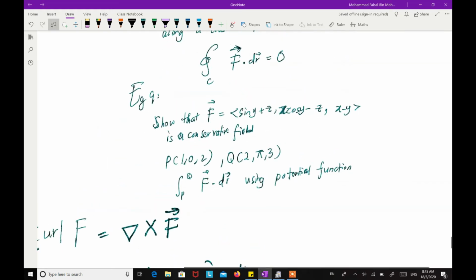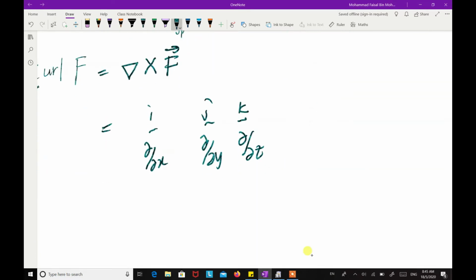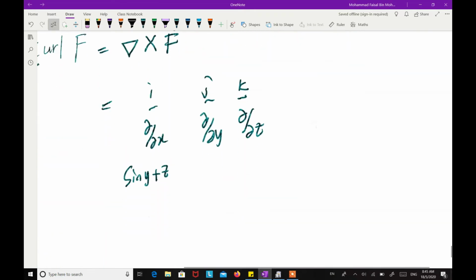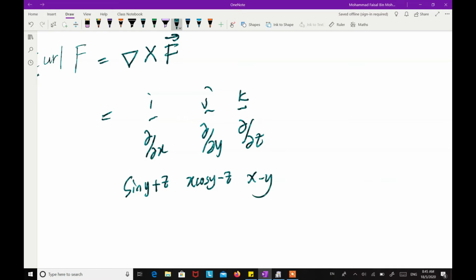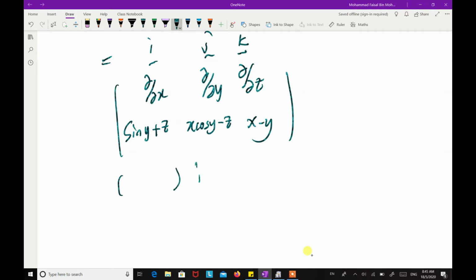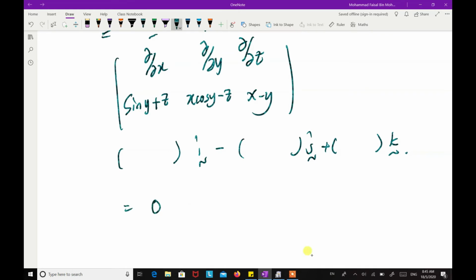Then you are given F's components, so you write here sine y plus z, and then x cos y minus z, and then x minus y. So as usual, plus minus plus, i, j, k. I repeat this to you, you will get 0, which means F is conservative.